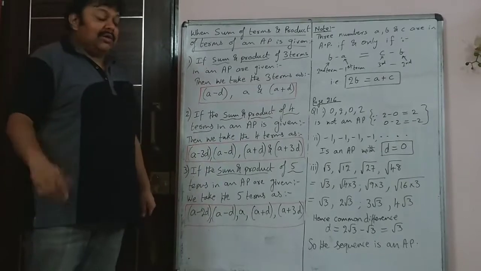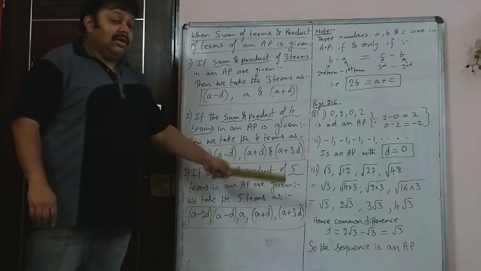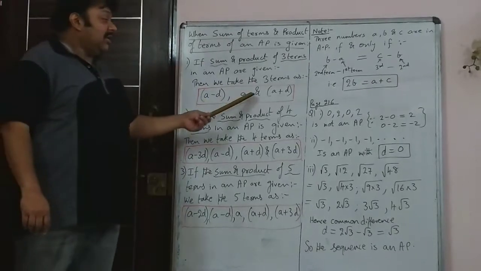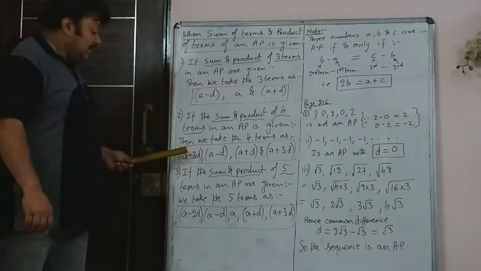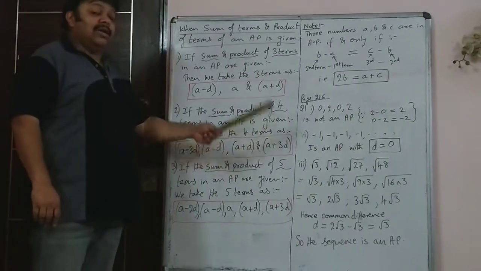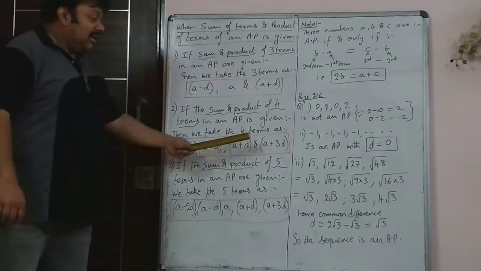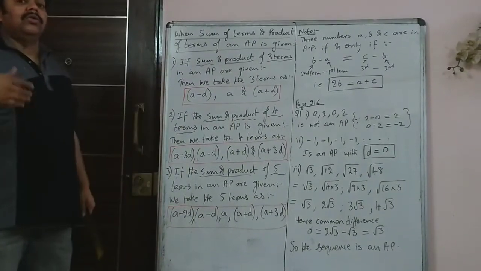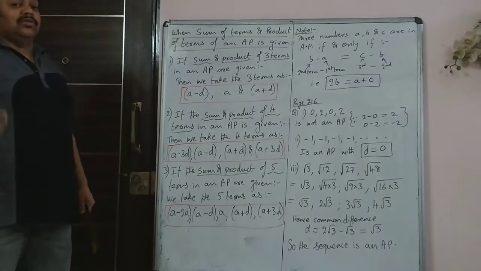So if you are given that the sum of 4 terms in an AP is 8, then you will not take the terms as A minus D, A and A plus D. You will take A minus 3D, A minus D, A plus D and A plus 3D. When you add it, you will get 4A is equal to 8. So A is equal to 8 upon 4, that is 2.